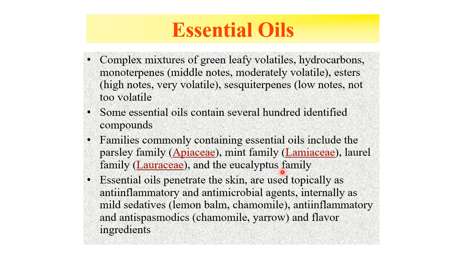Also the eucalyptus family, which has a lot of essential oil in it, along with tea tree oil as an example. And also the conifers. Conifers tend to have a lot of essential oils in them. So the pine, the fir, cedar, any of those conifers tend to have a lot of essential oils.